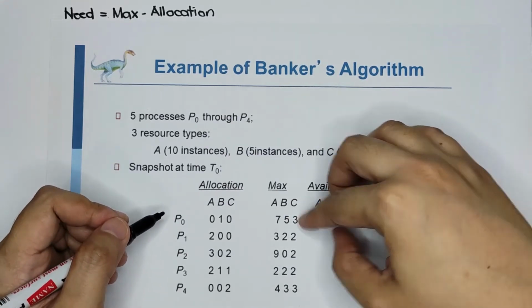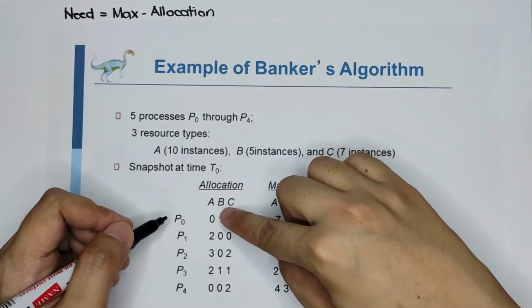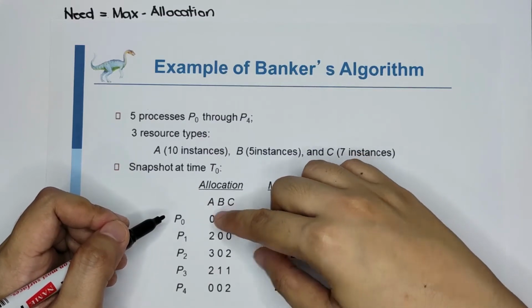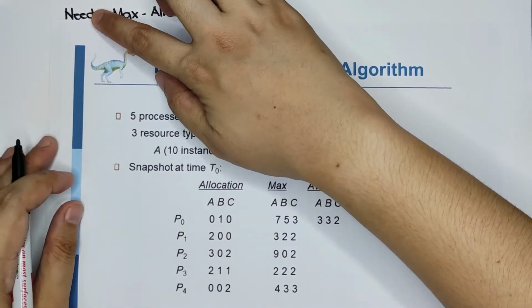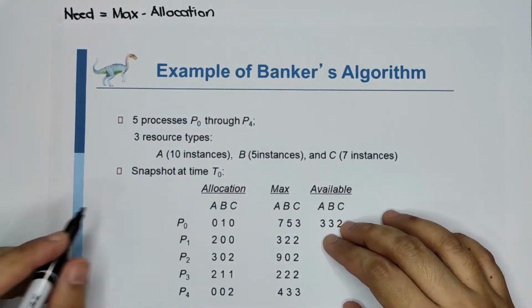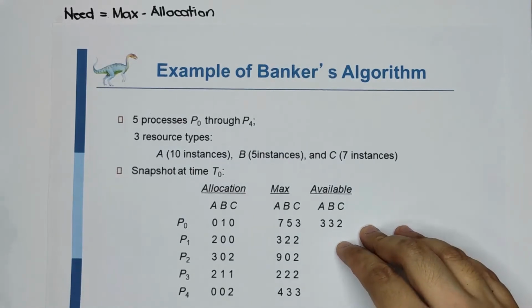The allocation means that P sub 0 has already acquired 1 instance of B. That's why we need the need matrix, so that we can identify how many more resources, for example, P sub 0 needs to complete its execution.